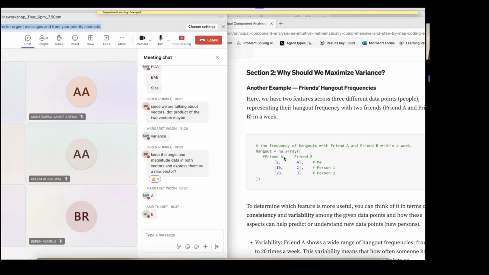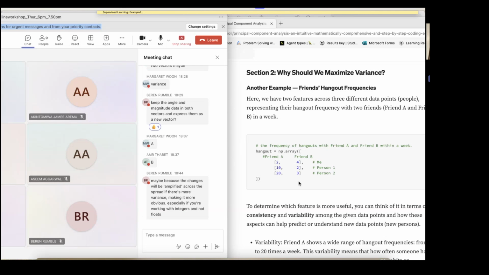The answer is, when a new person comes in, you look at the value of friend B, how many times this new person hangs out with friend B. Maybe the answer is 3, 2, 4, 5 or 2. It's in a very small range, right? So you can't tell whether this value indicates this person is, maybe it's 5. 5 is large, right?